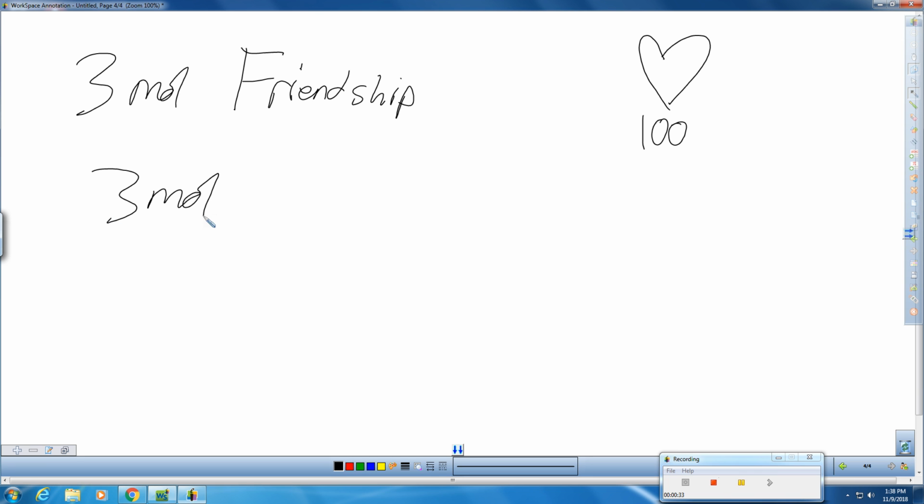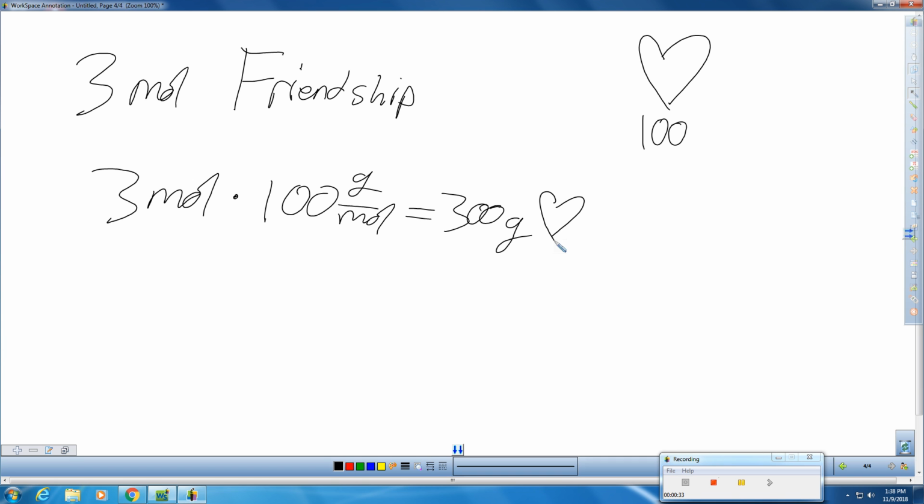Well, let's do the math. 3 moles times 100 grams per mole equals 300 grams of friendship. Okay? That's silly, right? But if you can do this, then you understand it.